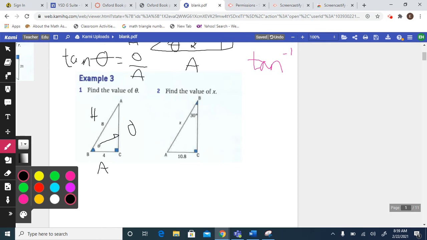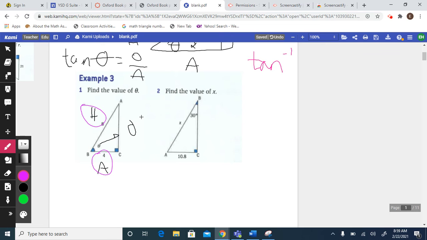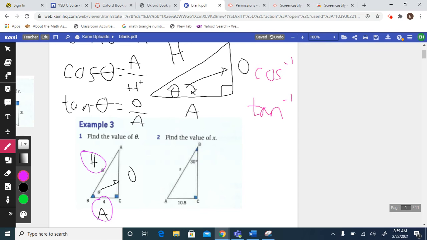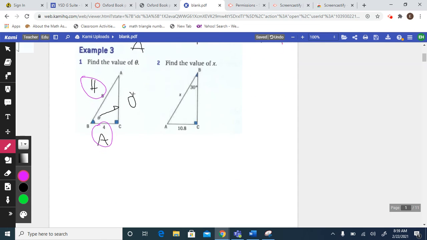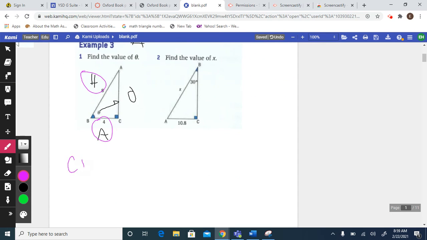So the two pieces that I have are hypotenuse and adjacent. So that would be cosine at the top here, adjacent and hypotenuse. So cosine of our mystery angle theta equals 4 over 8.